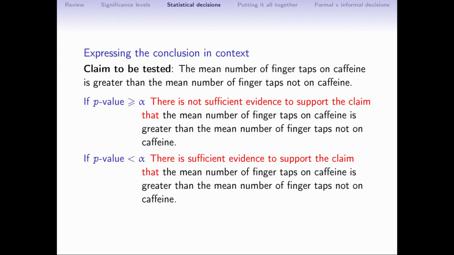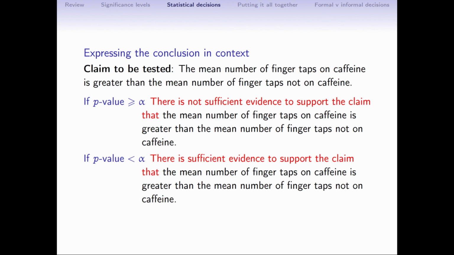All right, so this is how we will articulate our claims, either in the case where the p-value is greater than alpha or the p-value is less than alpha. All I want to point out here is that in both cases, the text in black is the same. It's really just the text that we can grab from our claim to be tested. And all we're doing in either case is inserting some different text in red depending upon whether the p-value is greater than alpha or less than alpha.